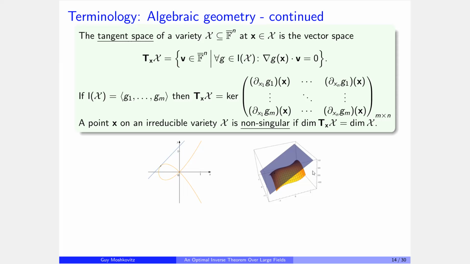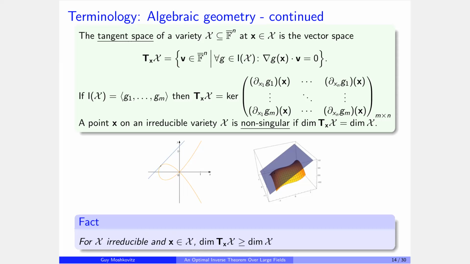Okay, so it's always true that the dimension of the tangent space is at least the dimension of the variety, but it can sometimes be strictly larger. That's it for the terminology from algebraic geometry that I will need, or at least 80% of it.